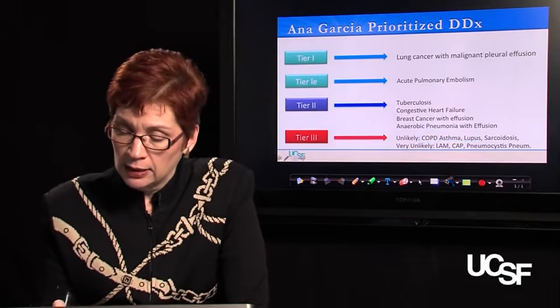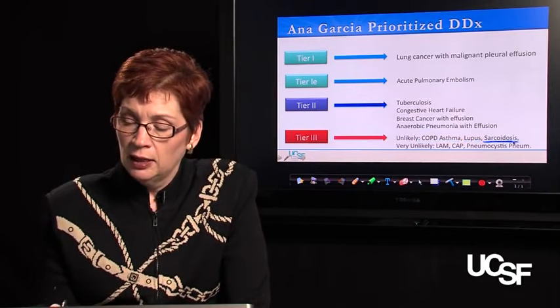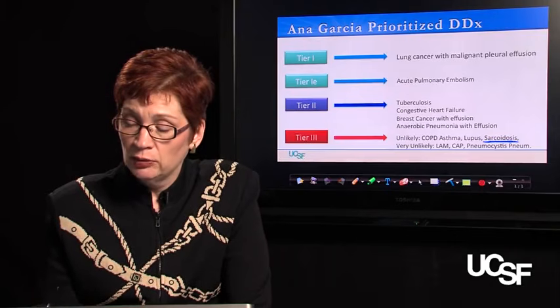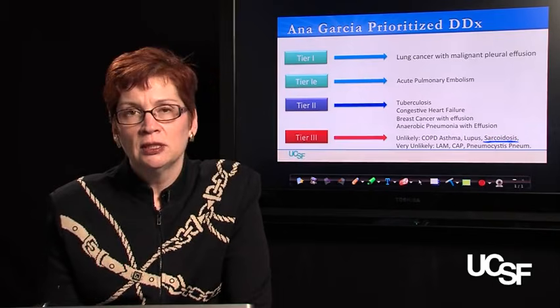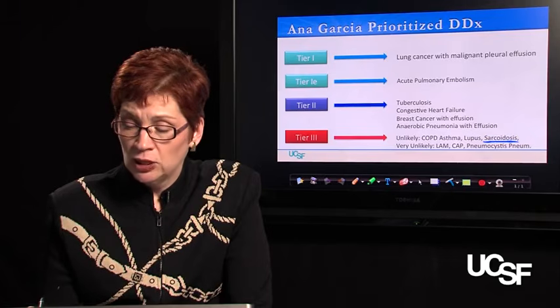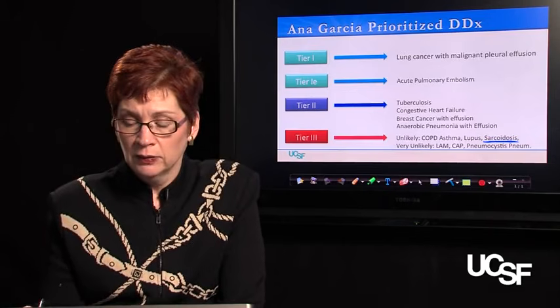Sarcoidosis, again, considered perhaps because she is a woman of color in the middle age range, and she has shortness of breath. But large pleural effusions in sarcoidosis, very unusual. So can't really explain that. And she has no other manifestations of joint or skin problems that you often see with sarcoid.